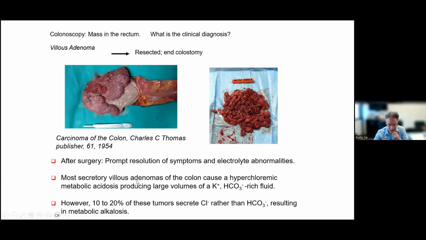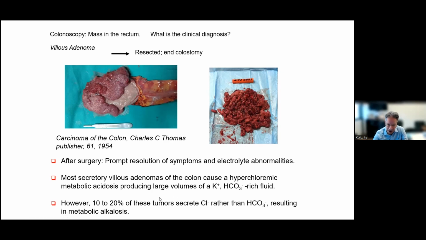And most villous adenomas of the colon actually cause a hyperchloremic metabolic acidosis. That's something you need to remember. Because remember, diarrhea tends to cause a metabolic acidosis, non-gap. And certainly small bowel diarrhea does that. It's just that with the colon, when you get colonic-induced diarrhea, it can be either metabolic acidosis, non-gap, or metabolic alkalosis.